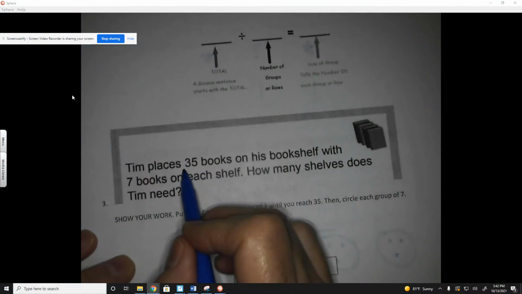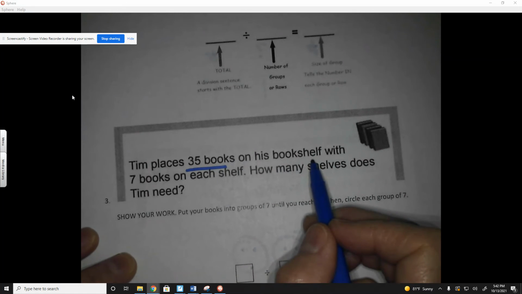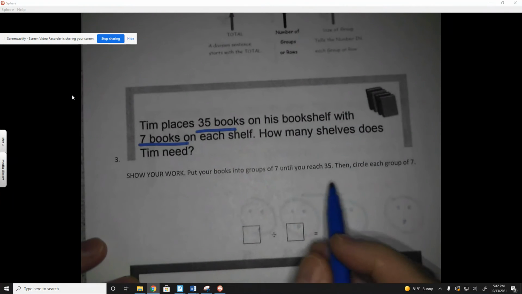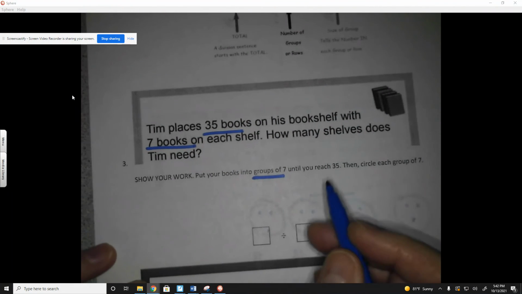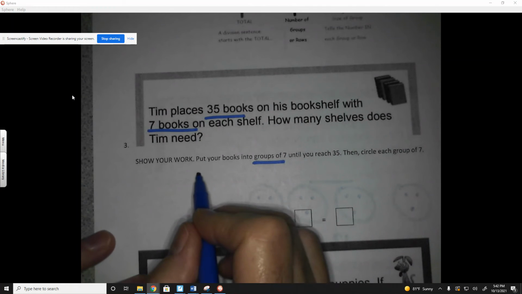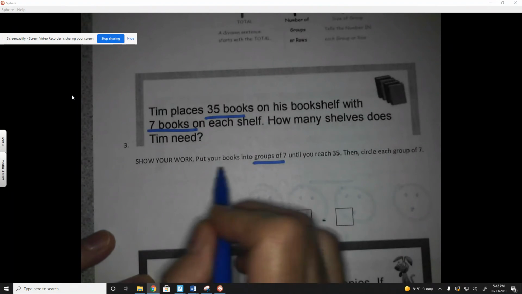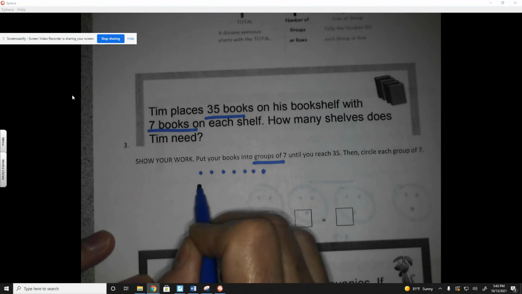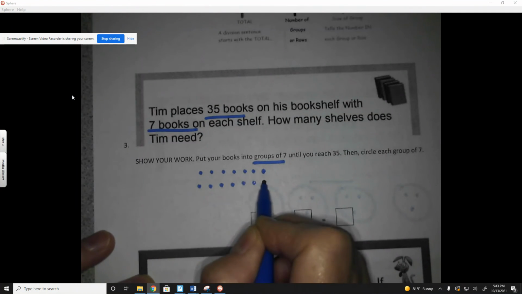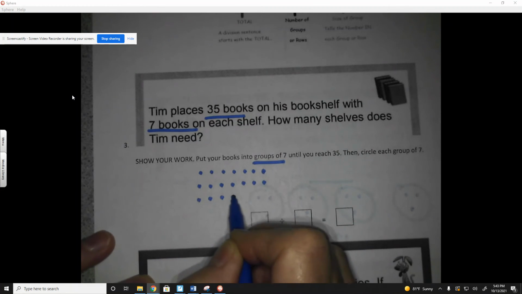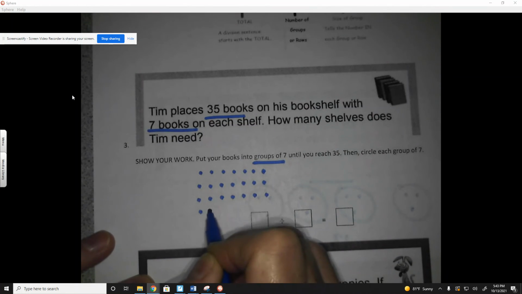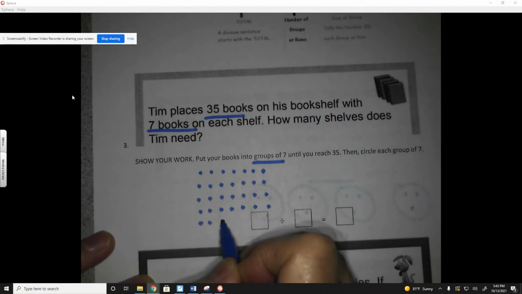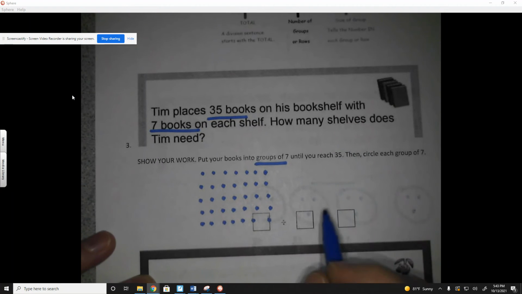On the back, Tim places 35 books on his bookshelf with 7 books on each shelf. So put your books into groups of 7. I'm going to make out like I'm putting them on a shelf and count up to 35. 1, 2, 3, 4, 5, 6, 7, 8, 9, 10, 11, 12, 13, 14, 15, 16, 17, 18, 19, 20, 21, 22, 23, 24, 25, 26, 27, 28, 29, 30, 31, 32, 33, 34, 35.